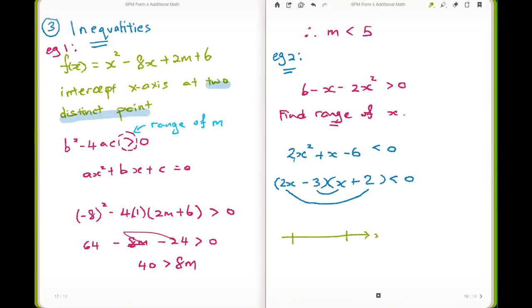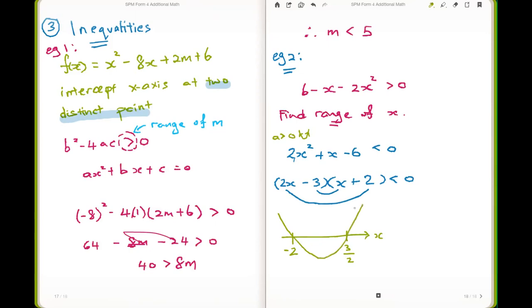This is the x value. The y value, I don't need to draw because I don't need it now. X could be negative 2 for the root and 3 over 2. A appears to be positive, A more than 0. So you will expect it to be a U graph. So therefore, this graph should look like a U graph.